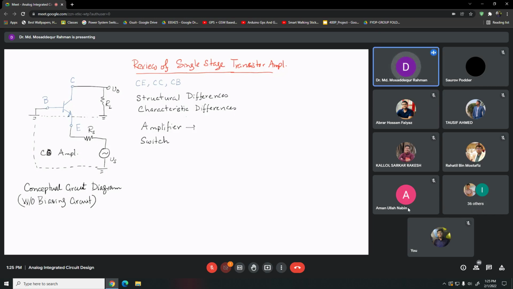Now, the biasing mode will be different if you want to use this as an amplifier, or if you want to use it as a switch. So what will be the mode of biasing if you want to use this as an amplifier?